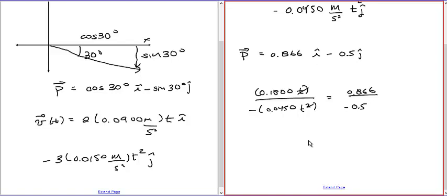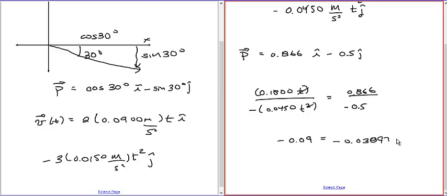So if you take 0.18 times 0.5, this cross multiplication here gives you negative 0.09. If you cross multiply this way, you get 0.0450 times 0.866, which is negative 0.03897.